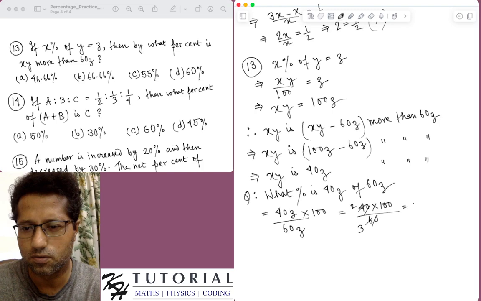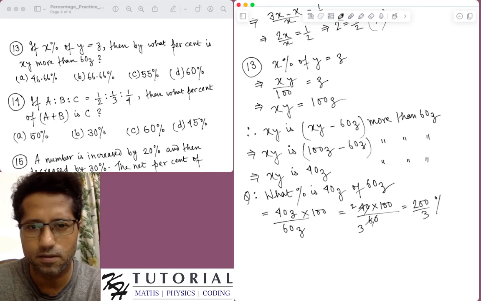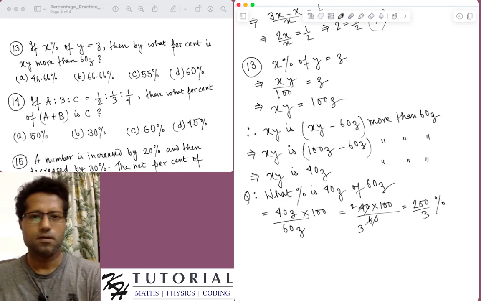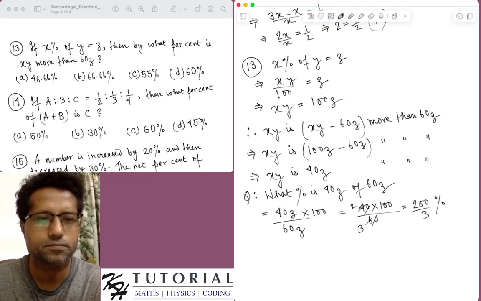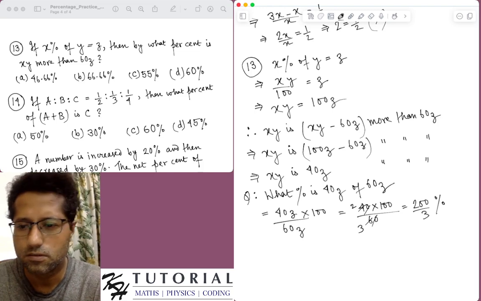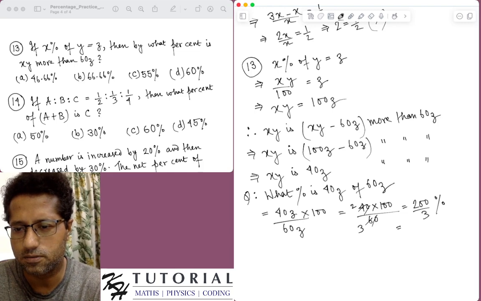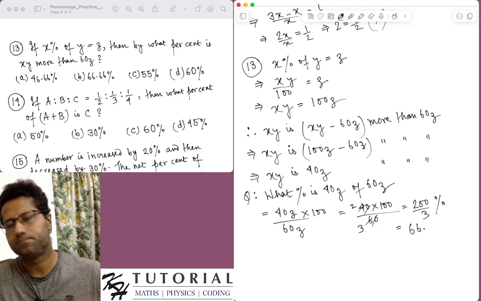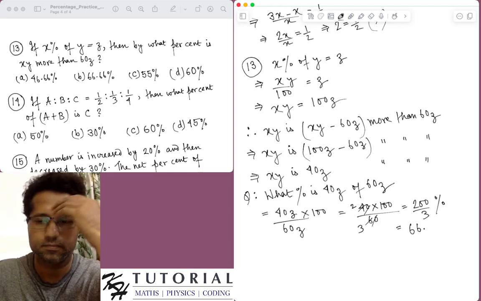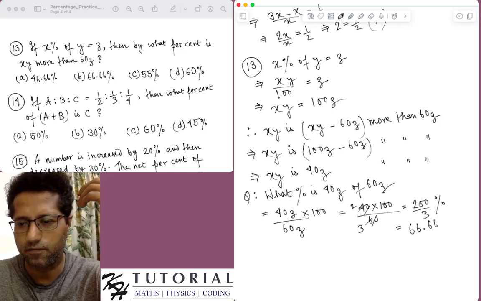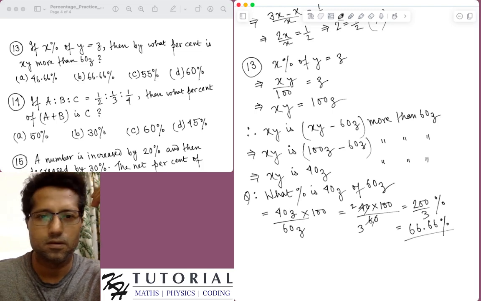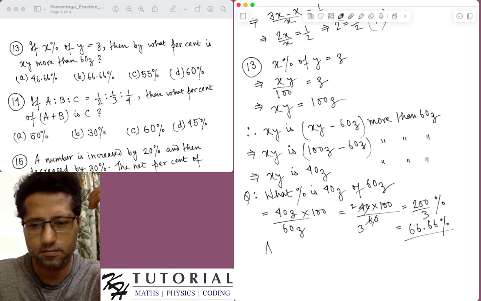So this is equal to 200 by 3 percent, and 200 by 3 is 66 roughly. So the answer is choice B.